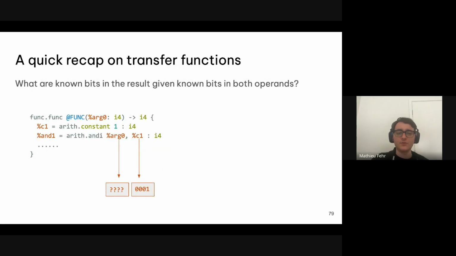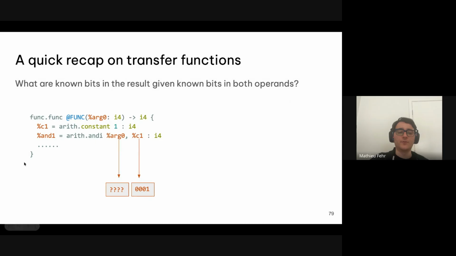The way you compute this analysis is, if you have an arith.and that takes an input variable, which was just taken as the input of a function, and the second input is the constant 1, then the variable is unknown, in the sense that we don't know the value of any bit. The C1 variable is essentially 0001.